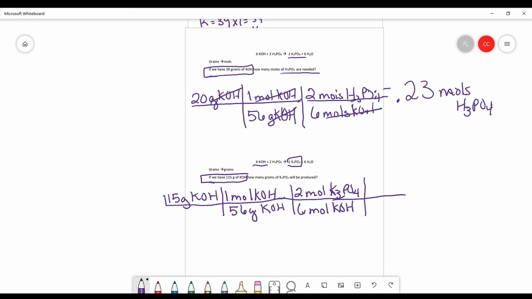We have 1 mole of K3PO4 equal to 212 grams. We know that K, there's 3 K times 39, which is 117.